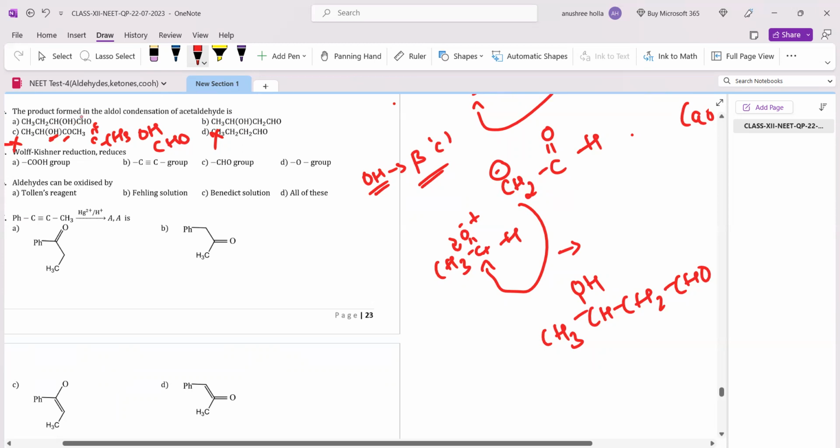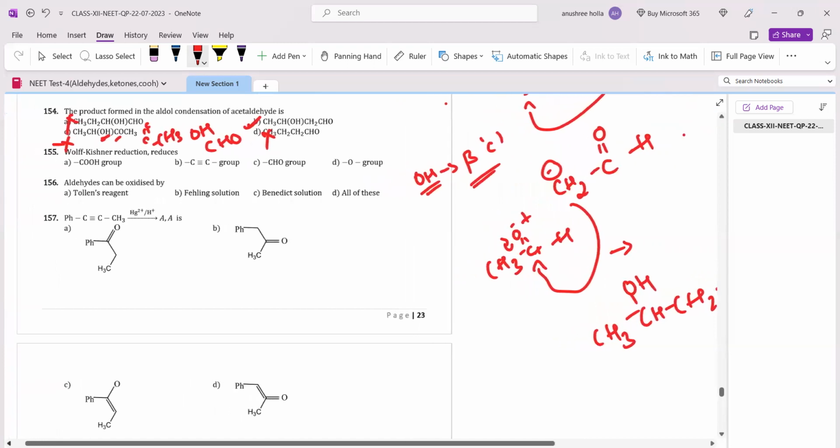The aldehyde is the functional group and this carbon is the alpha carbon, next to the functional group. Now to this carbon your OH is attached, so this is alpha hydroxy. So it cannot be your product. It should be beta hydroxy. Here OH is attached to the beta carbon, not the alpha carbon. So this is a simple answer. You can answer this in 1 to 3 seconds. Very easy. Beta hydroxy aldehyde. So it should be B.